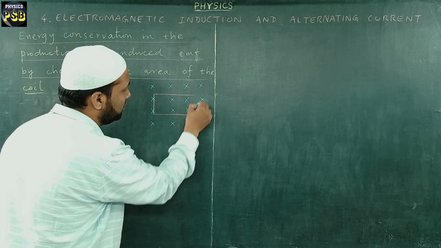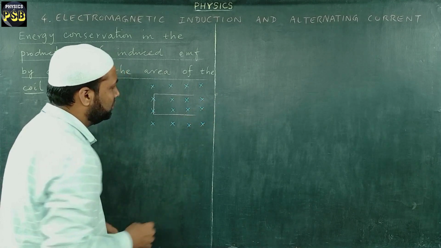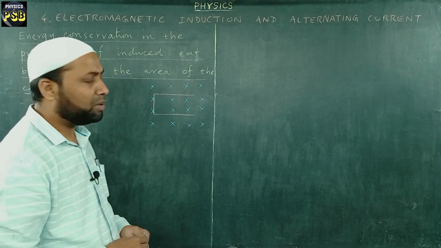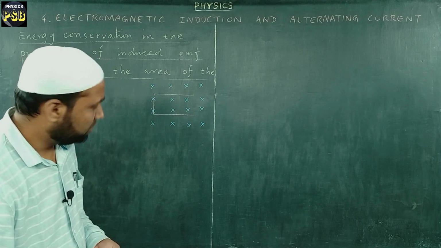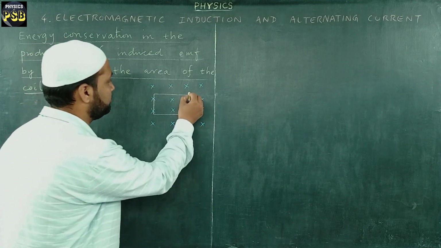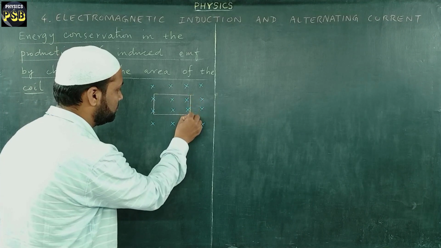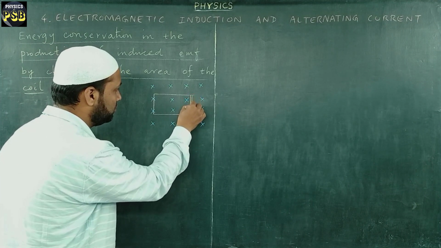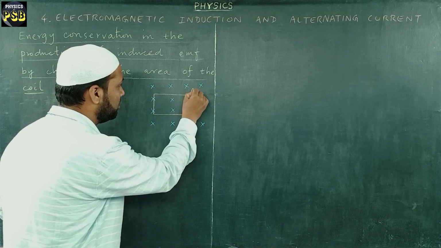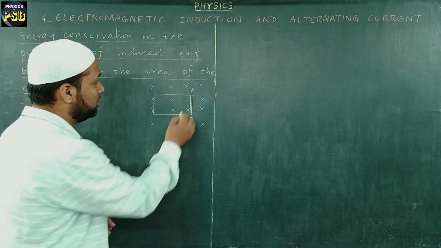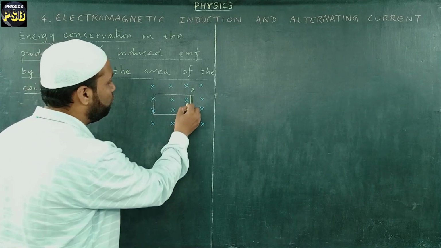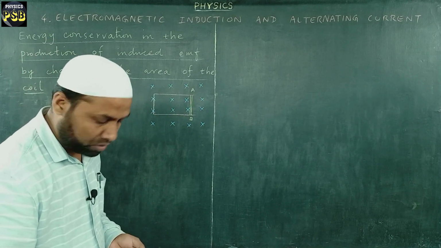The crosses represent the inward perpendicular magnetic field. Okay, and here I take a metal rod AB which is made to move towards the left side with the velocity V.